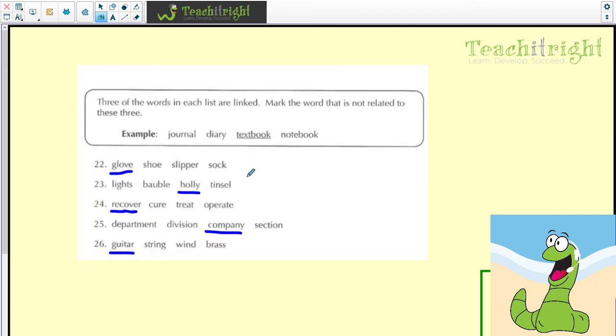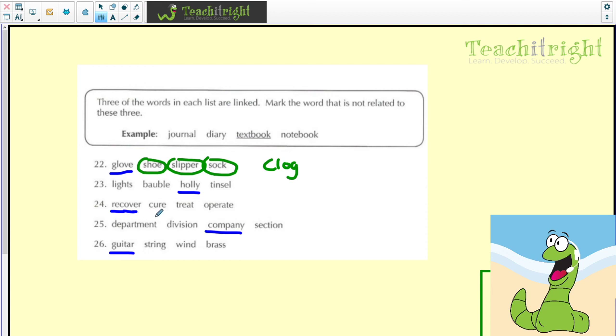And if we look at the last ones, these are another set of odd ones out. Glove, because these three are all worn on your feet. I've seen other questions like this where you might have words like clog or sandal, so just knowing that they are on your feet. And you've got lights, bauble, holly and tinsel. Lights, bauble and tinsel are obviously not living things, whereas holly is.